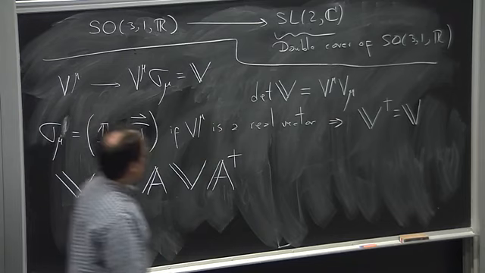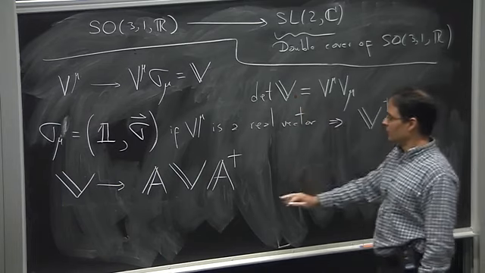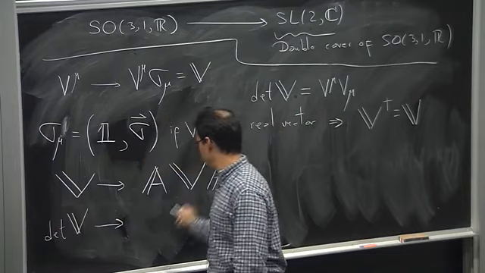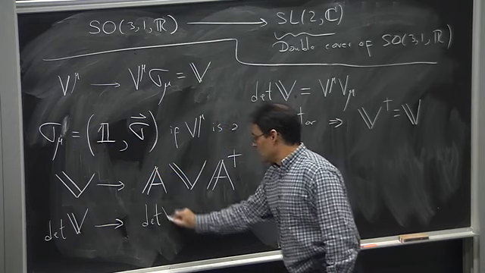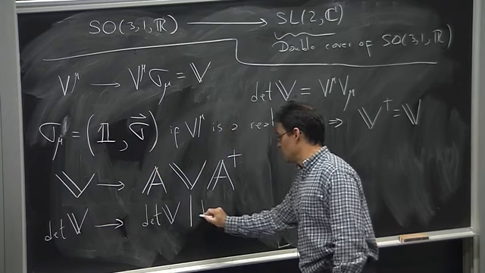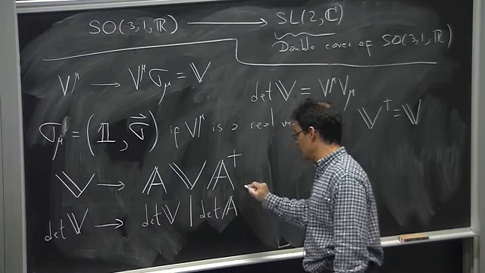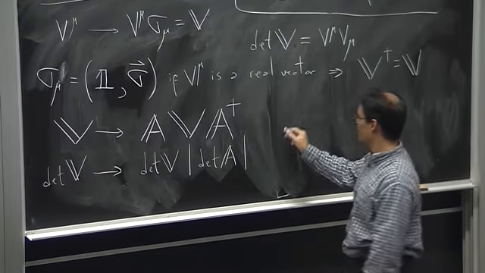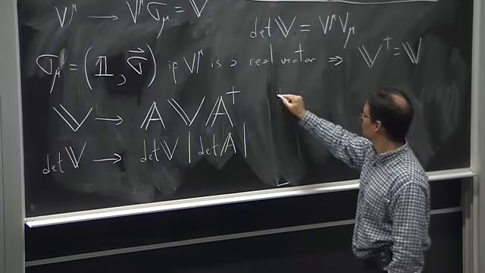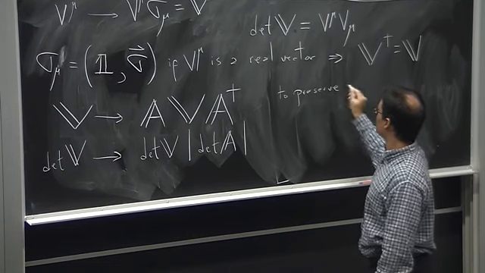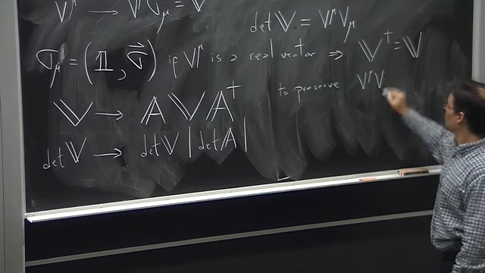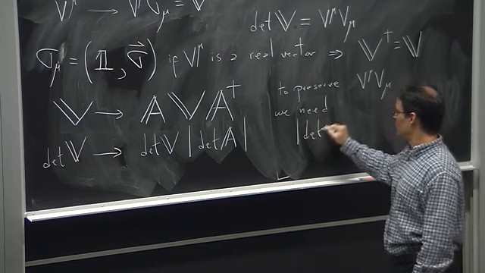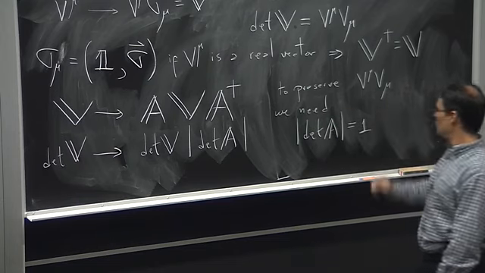But we want a transformation that preserves the determinant of B. So under this transformation, the determinant of B goes into the determinant of B times the absolute value of the determinant of my matrix A squared. So to preserve the norm, or to preserve the determinant, we need that the absolute value of the determinant of A is equal to 1.